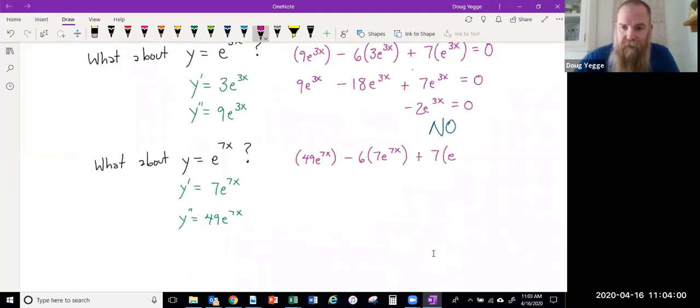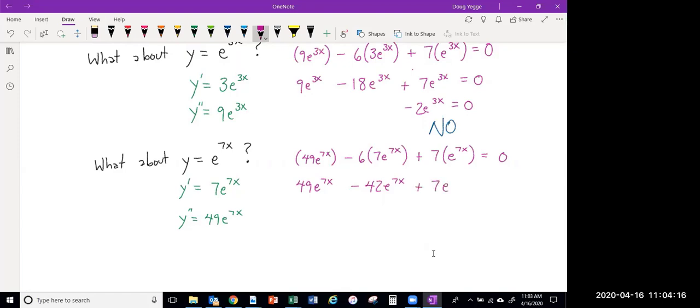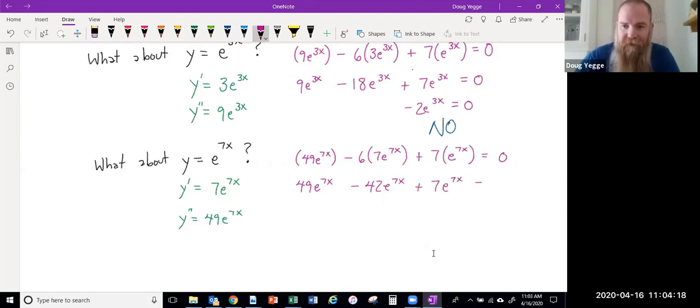Because this would be an e to the 7x, and notice that this would be 49 e to the 7x minus 42 e to the 7x plus 7 e to the 7x, which gives me 14 e to the 7x.